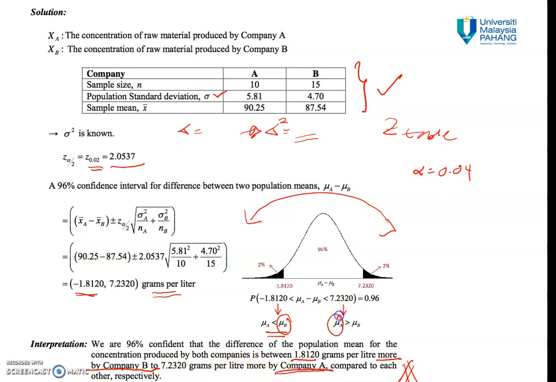Because here you can see mu A is greater than mu B. So actually from here to here, there is a mathematical inequality being solved. You bring terms from the right to the left, then you get this notation.